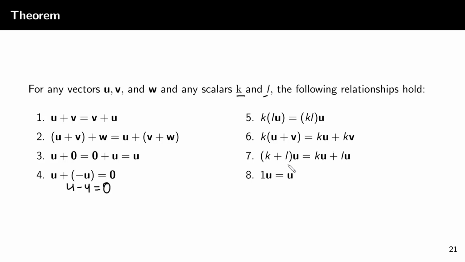So, number 7, if we are multiplying the sum of two scalars with a vector, pwede nating i-distribute yung vector. So, quantity k plus l times u is equal to ku plus lu. And then finally, number 8, the scalar 1 times u is equal to u.